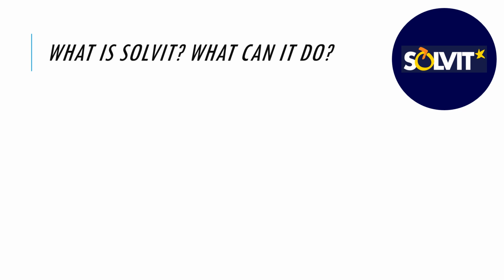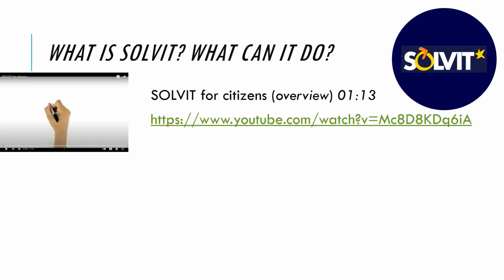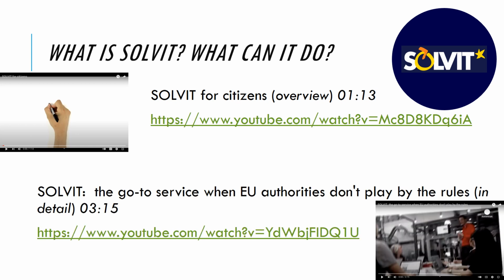In 2020, SOLVIT resolved over 80% of the 2,500 eligible cases which it had received. On average, a case took 133 days to be positively resolved in 2020. Further details on what SOLVIT does and how it can help individuals overcome problems in exercising their rights in EU law can be found in the 2 short videos, which you will find in the list of useful resources below this video.